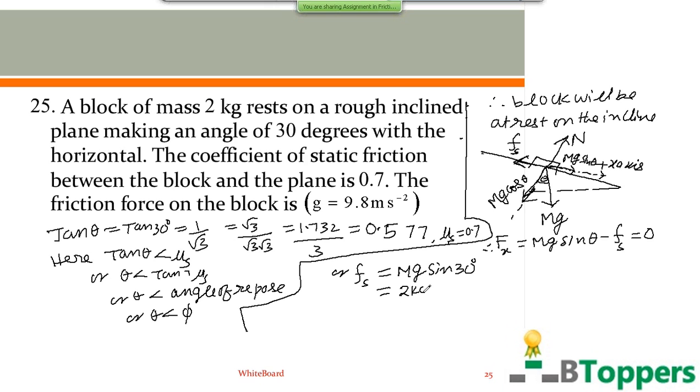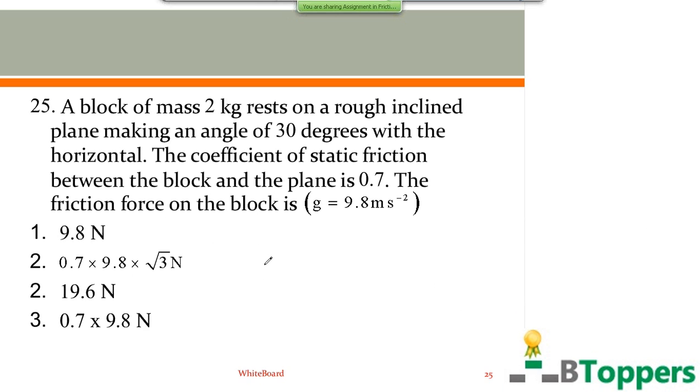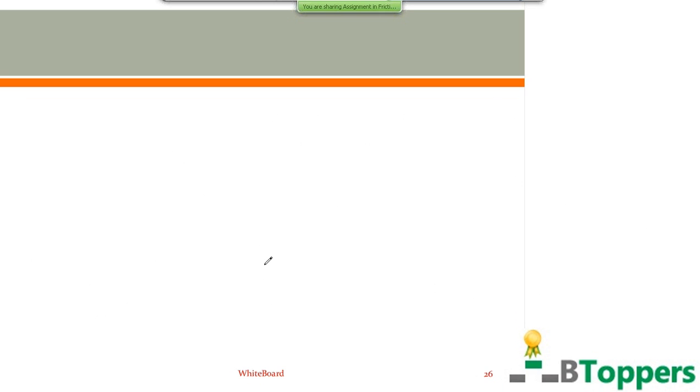Here the mass of the block is 2 kg. g is given as 9.8 meter per second square. Sin theta equals sin 30 degrees, that is 1 by 2. So you get the answer as 9.8 newtons. So for question number 25, which I have just now discussed, first option is answer.